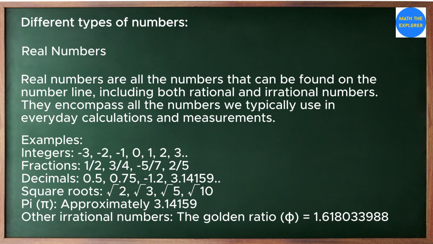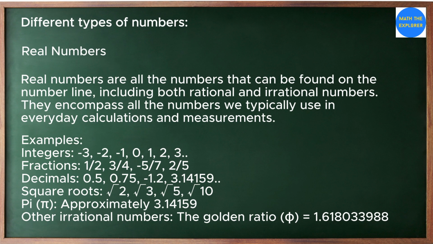Next is real numbers. Real numbers are all the numbers that can be found on the number line, including both rational and irrational numbers. They encompass all the numbers we typically use in everyday calculations and measurements. Examples: integers, -3, -2, -1, 0, 1, 2, 3. Fractions, 1/2, 3/4, -5/7, 2/5.